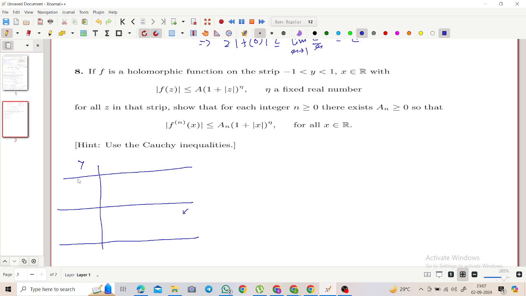Show that for each integer n greater than or equal to 0 there exists a constant. Okay, use the Cauchy inequalities.